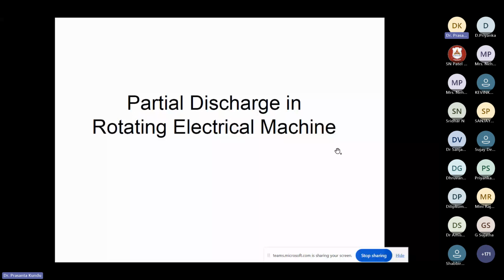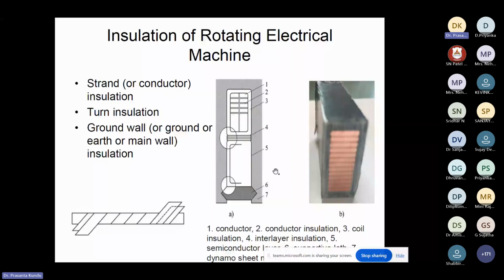Before going to the rotating machines, we'll have a little understanding of the insulation in rotating electrical machines. We have a conductor, or strand, and this has insulation above it. That is the conductor insulation.